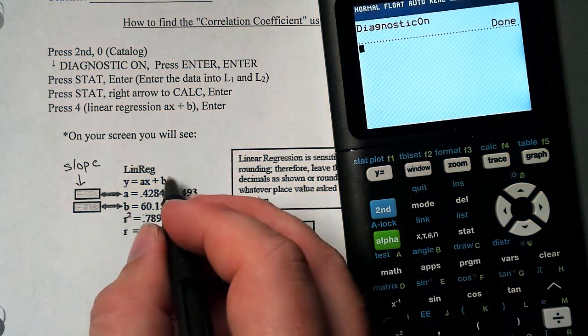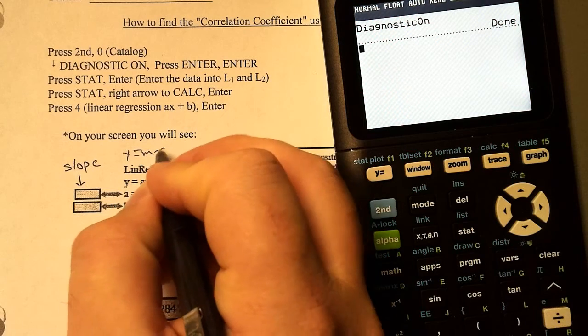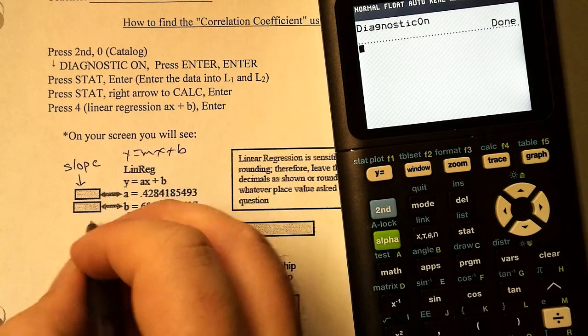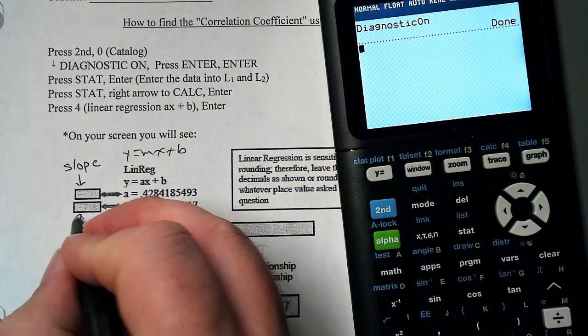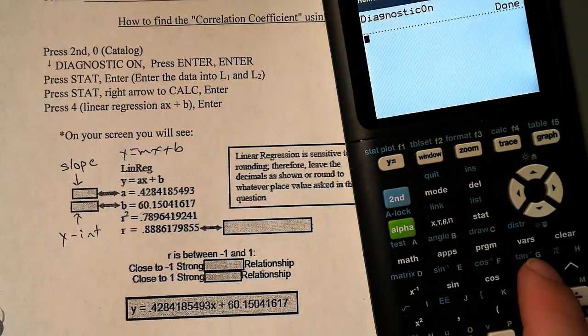And then the B, because this is ax plus b, or y equals mx plus b, the b is going to be our y-intercept. So that part was the same.